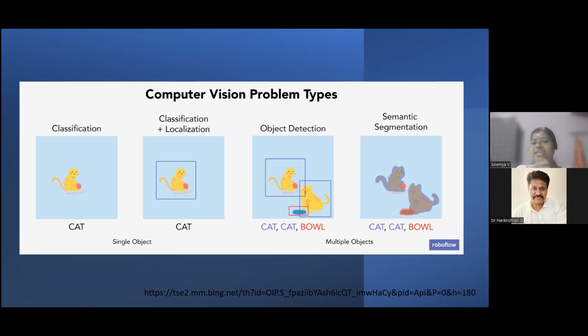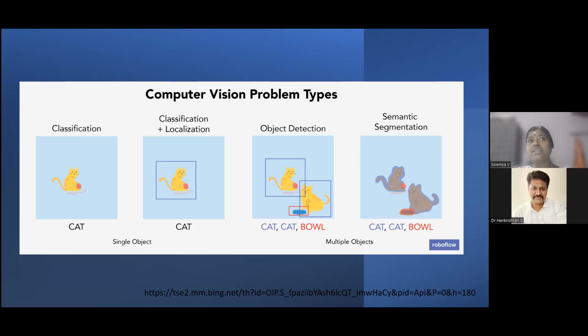Followed by it, the next level is classification plus localization. We'll see the different applications where these aspects are really required. One major area in which our team is focusing is biomedical data processing.